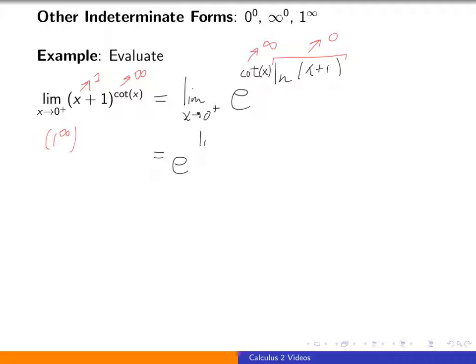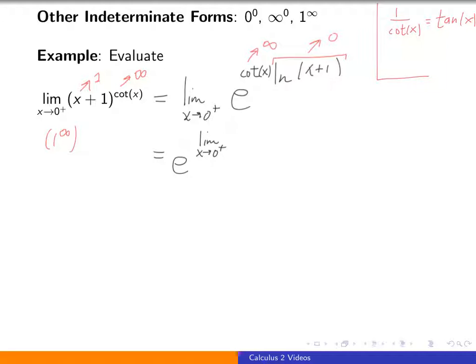So I'm going to move the limit inside the exponential, and I'm going to rewrite algebraically. Multiplying by cotangent would be equivalent to dividing by the reciprocal of cotangent. And as a reminder, 1 over cotangent is equivalent to tangent.